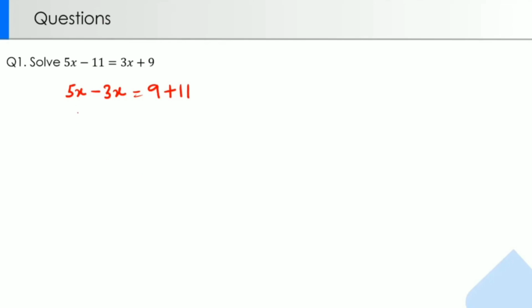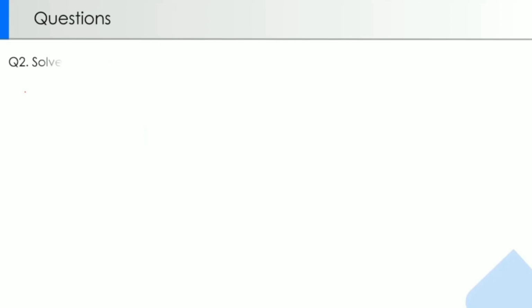Like terms as in, these both terms have x, and these both are constant terms. So 5x minus 3x is 2x, 11 plus 9 is 20. So I get x equals 10. This is my answer. Whenever we have solve, that means I have to find the value of the variable. Here the variable is x, so we got the value of x.